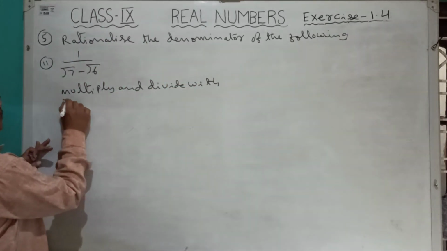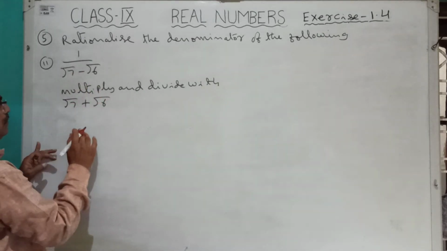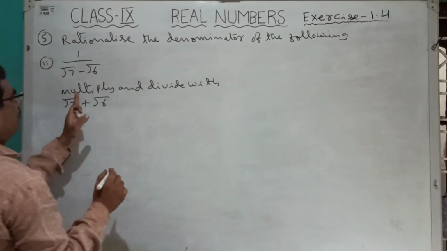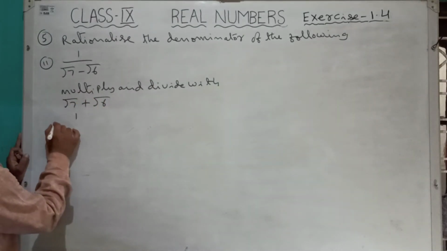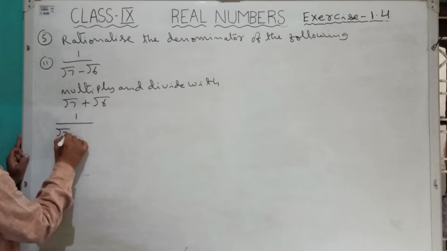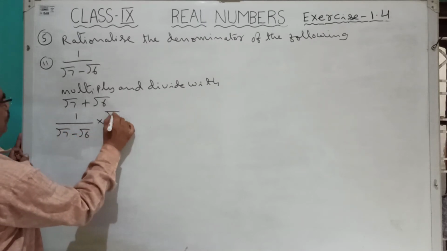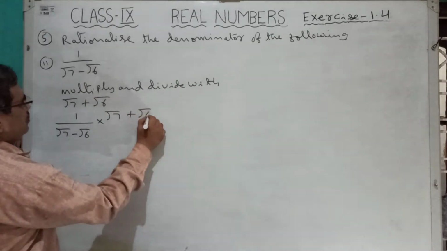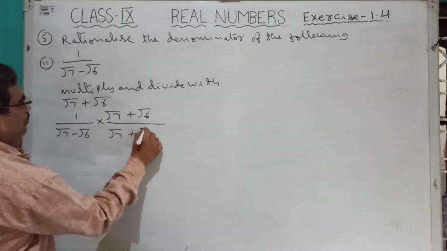With root 7 plus, here minus is there, here plus. So multiply and divide with root 7 plus root 6. So 1 by root 7 minus root 6 into root 7 plus root 6 by root 7 plus root 6.